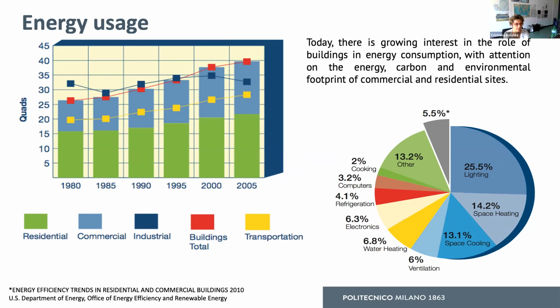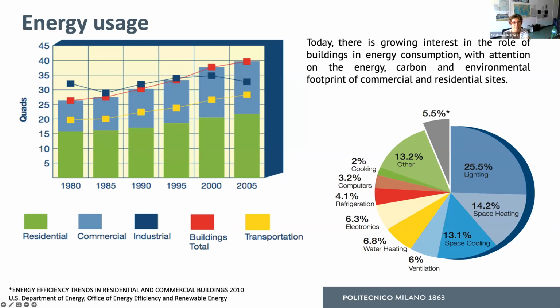So if we think about this usage of energy, it comes to a straightforward conclusion that by improving the energy usage devoted to this kind of activities, it is possible to reduce the overall footprint of the buildings.